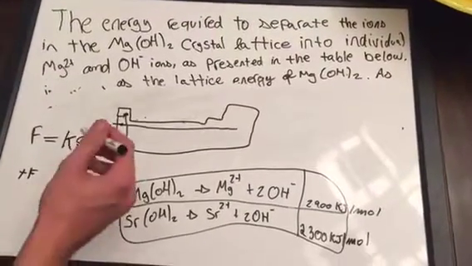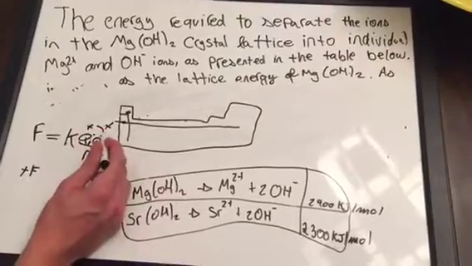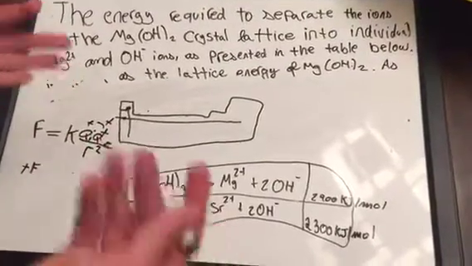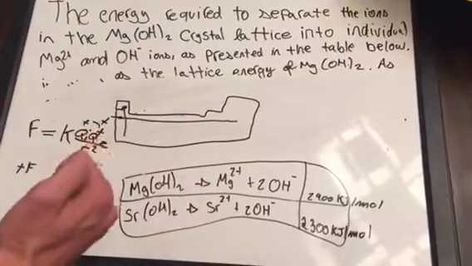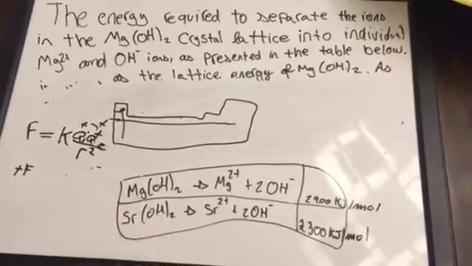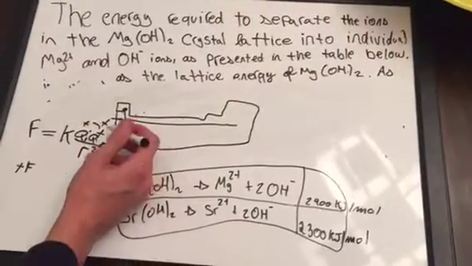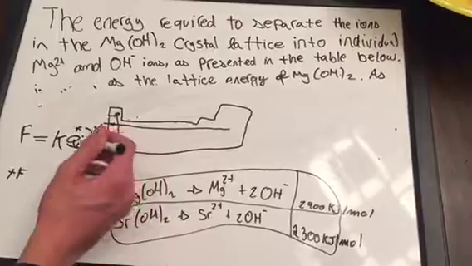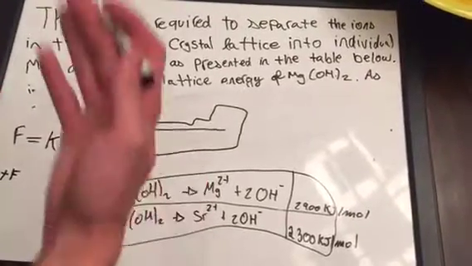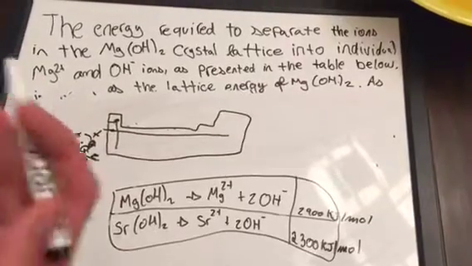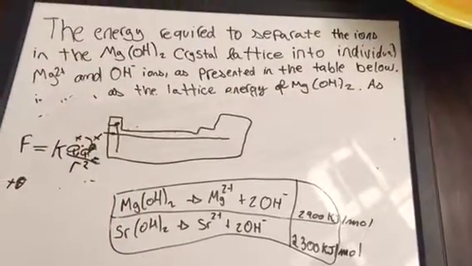The same goes if we have both positive: positive times positive equals positive, meaning they are repelling each other. And if we have a neutral charge, that would be 0, and anything times 0 is 0, giving us a 0 force, meaning they are neither repelling nor attracting.